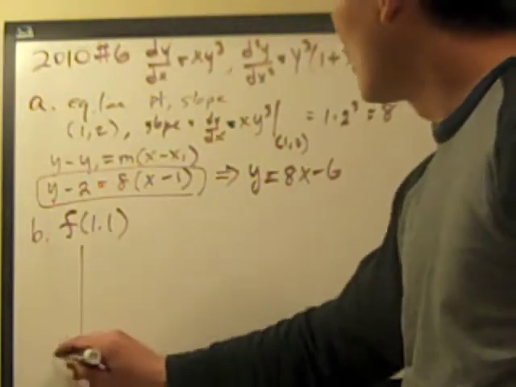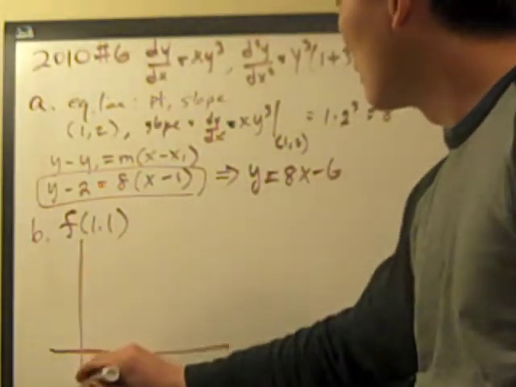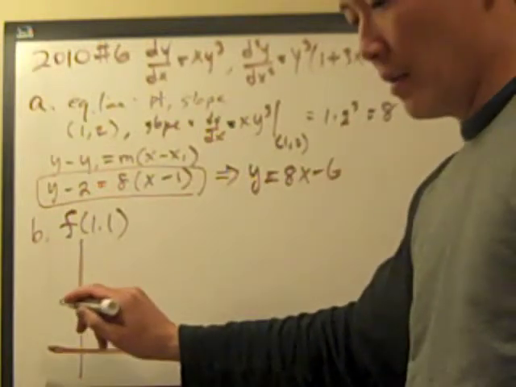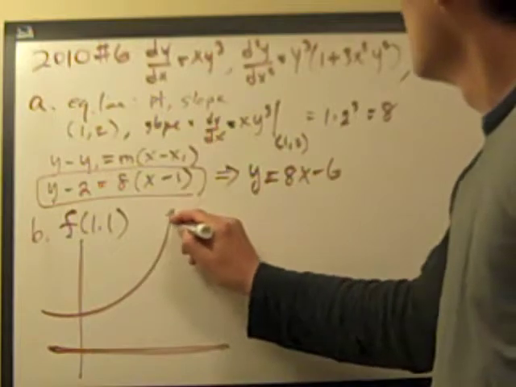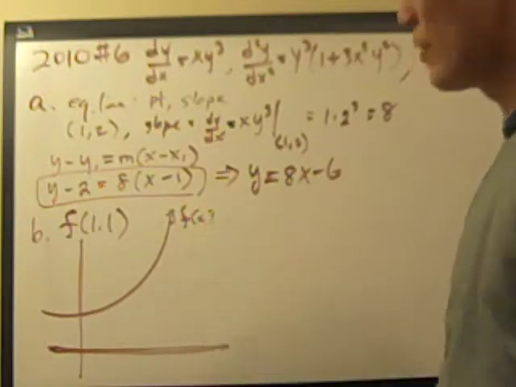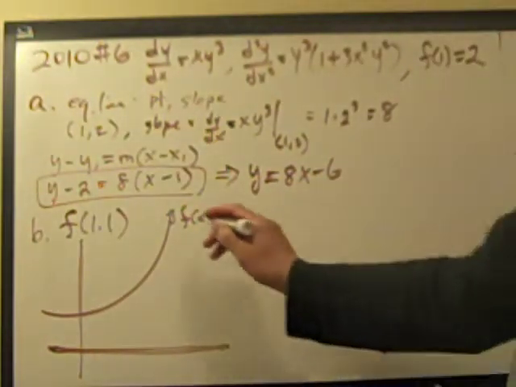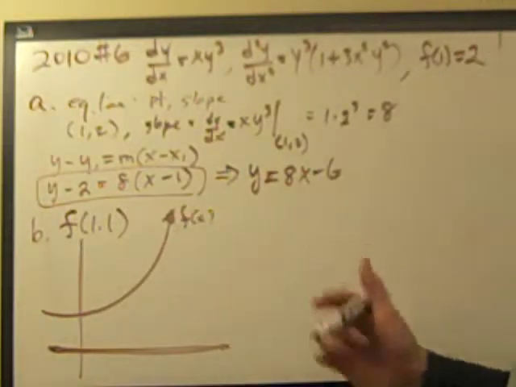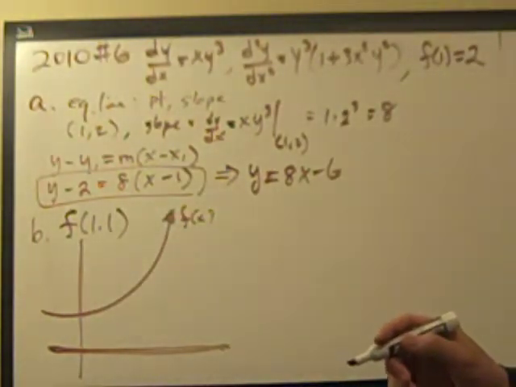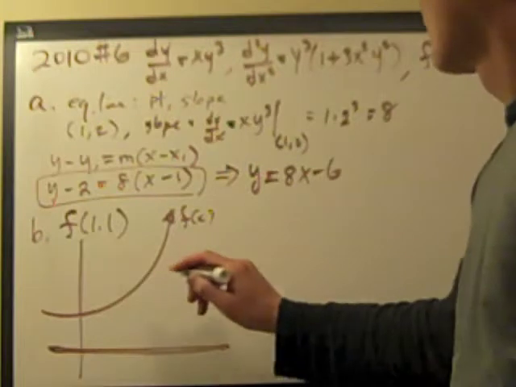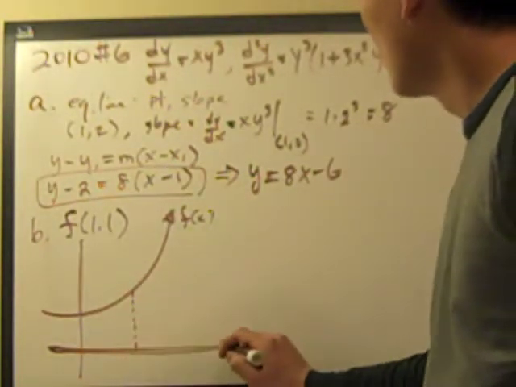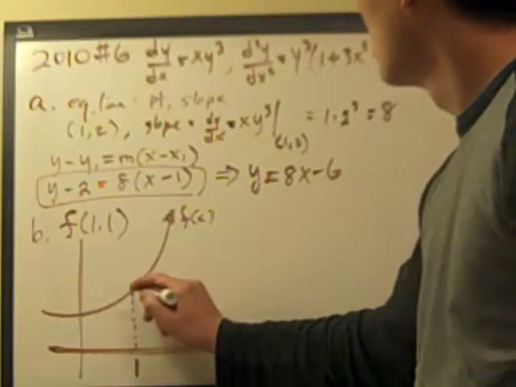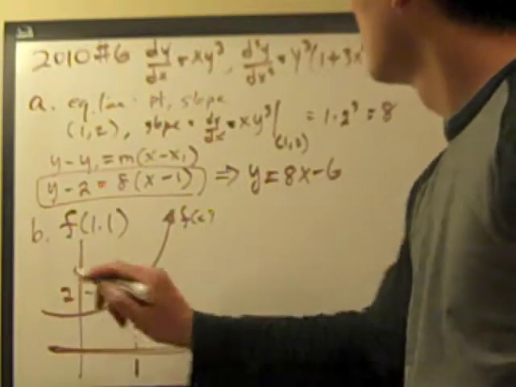Conceptually, if you think about a graph like this, and I'm just going to go ahead and exaggerate this. Pretend that this is the f of x, the actual f of x. We don't really know if this is true, but this is just how we conceptualize it. Now, at x equal to 1, we know that this is equal to 2.